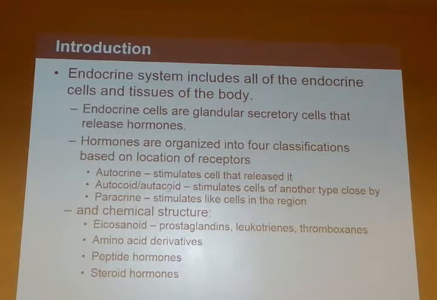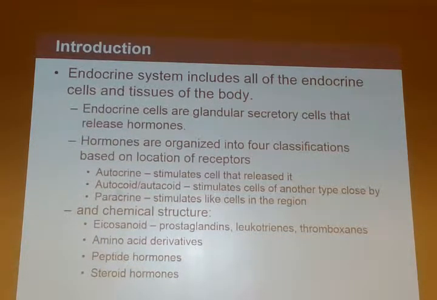You can spell it either way, autocoid. Those secretions go to neighboring cells to stimulate them. Some cells are both autocrine and autocoid. So they release something, they stimulate themselves, and it diffuses to the neighbor and stimulates the neighboring cells as well.